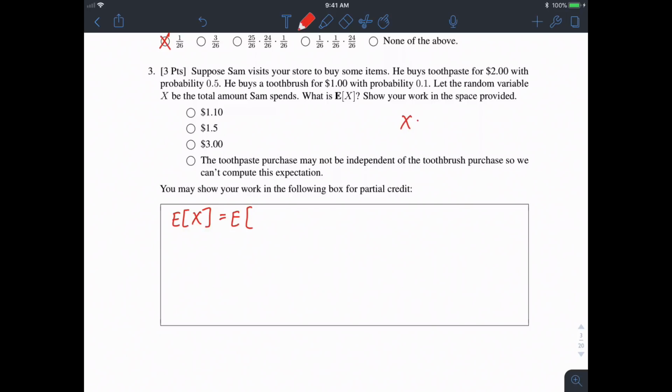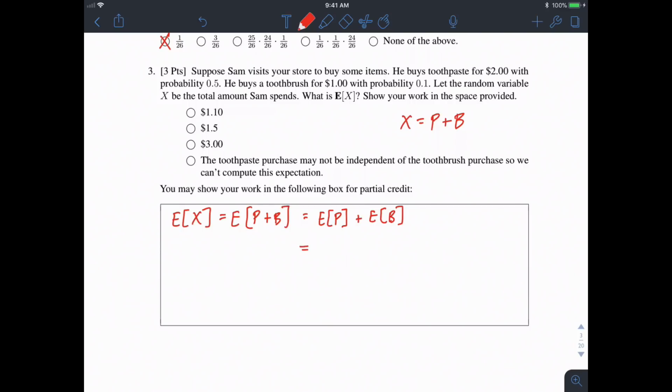We can say the total amount of money he spends, X, is equal to the amount he spends on the toothpaste, which I'll call P, and the amount of money he spends on the toothbrush, which I'll call B. So the expectation of X is equal to the expectation of P plus B. But since expectation is always linear, I can write this as the expectation of P plus the expectation of B.